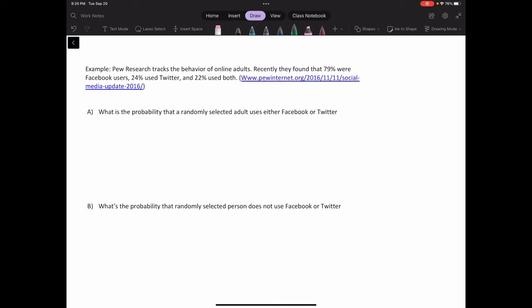We have either a Facebook user, which I will denote with the letter A for event A, or a Twitter user, which is event B. So the question is clearly asking us to calculate the probability of A or B.